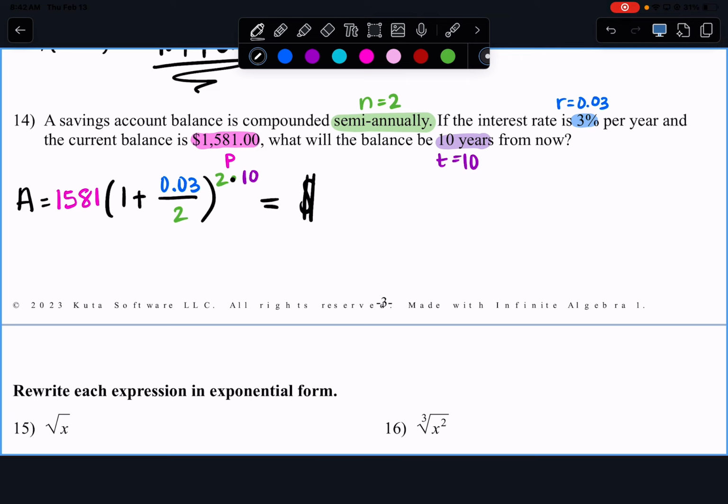What's our answer? 2,137.45. Perfect. Is that what you got? Does anyone else get that? Somebody else? What else did y'all get? Let's check that then. I got 2,129 point what? Let me see your calculator.